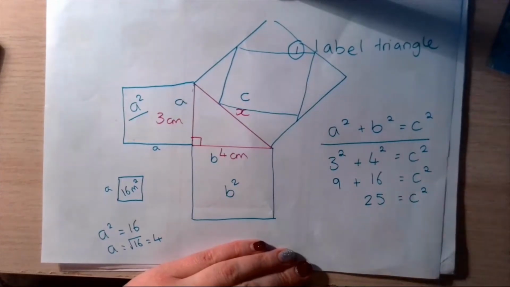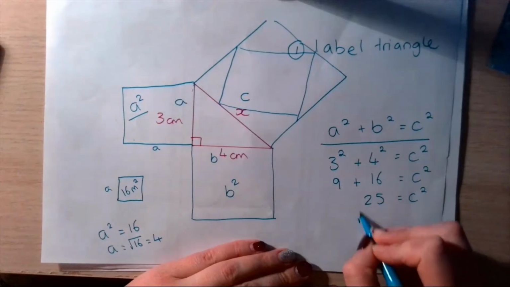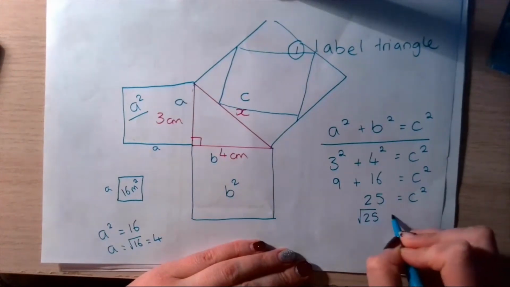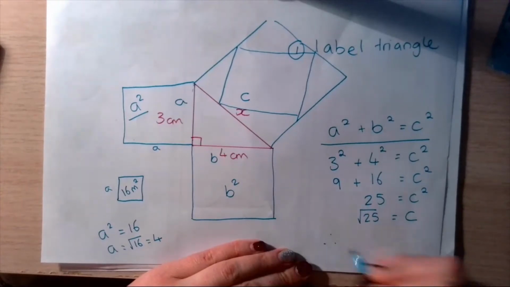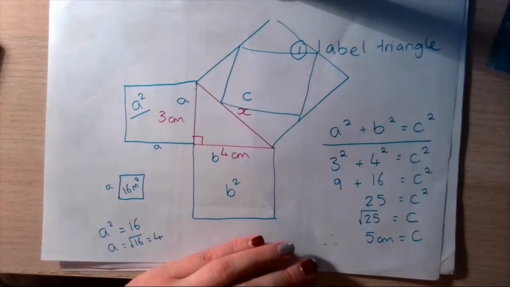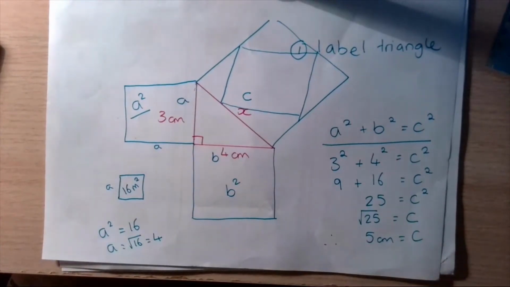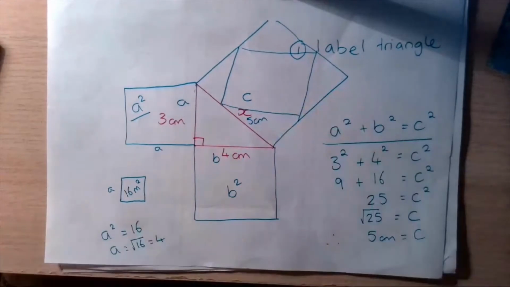We haven't changed that side. And now I need to square root. So we get the square root of 25 equals C, because that's the inverse operation. And therefore, 5 centimetres is C. So we found out that this side has a length of 5 centimetres.